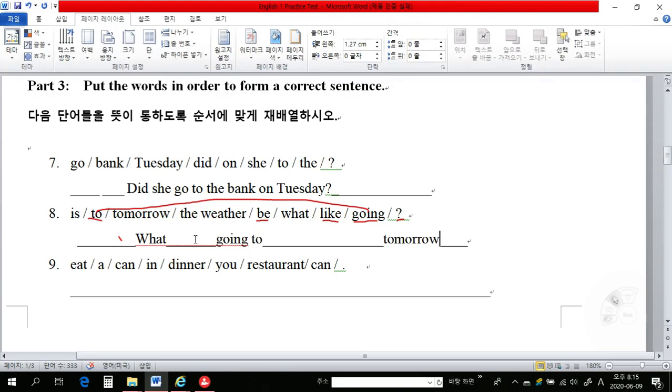We have the verb is right here. So we need a be verb before going to, right? The going to is really the same structure as the present progressive tense, so it is an ing, and we need a be verb right in there.